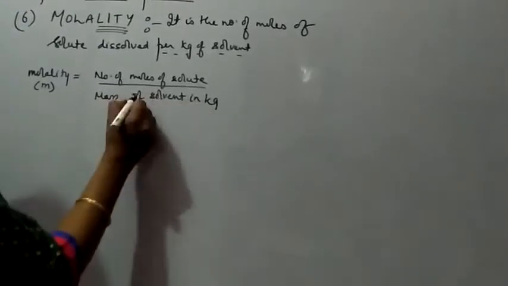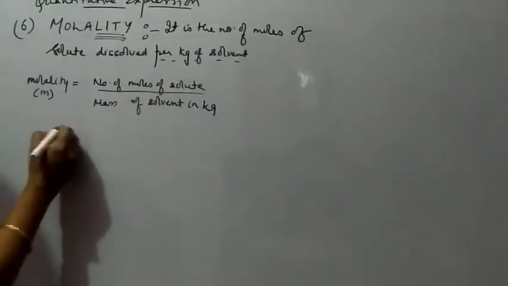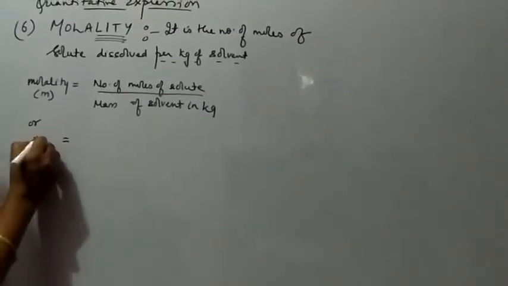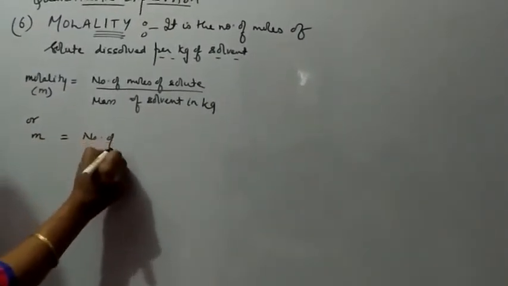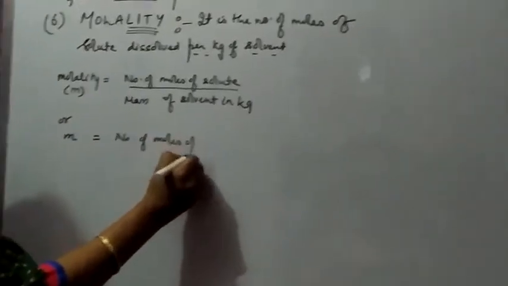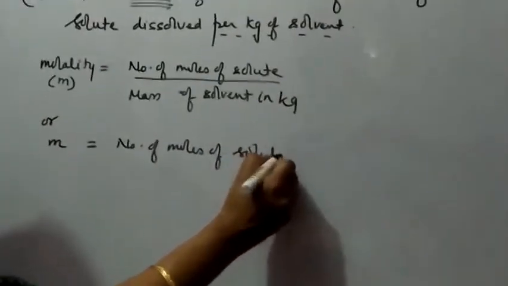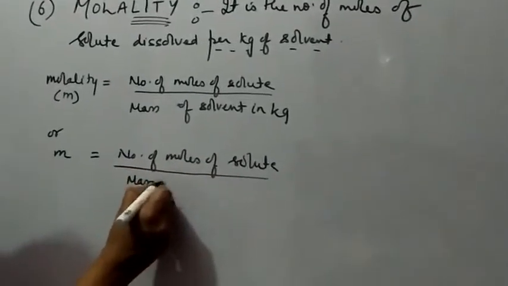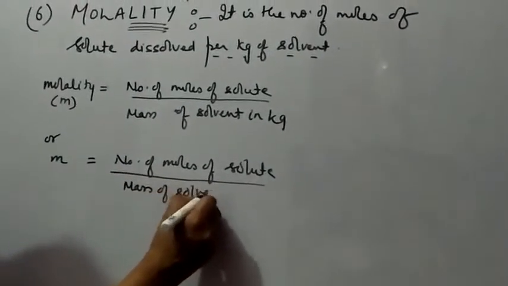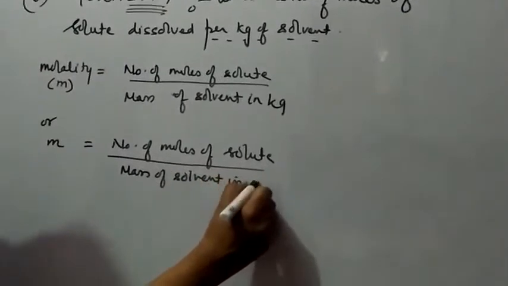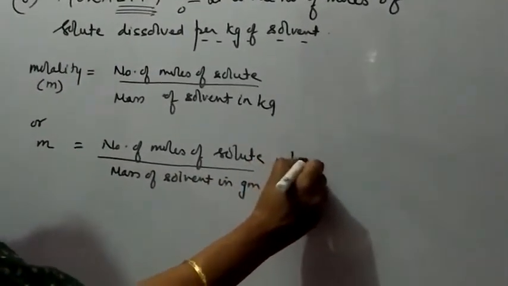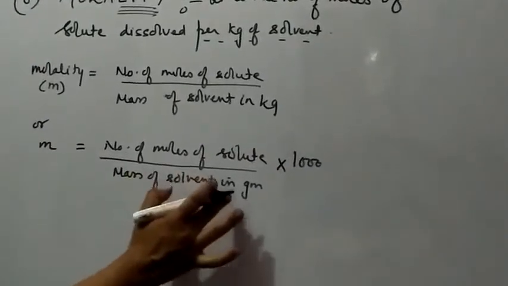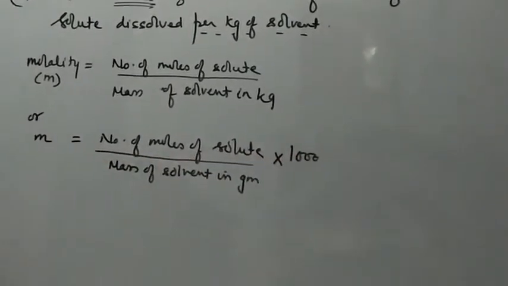If it is in kg, we will not multiply by 1000, but if it is number of moles of solute upon mass of solvent in grams, right? We will multiply it by 1000. So it is mass of solvent in grams, then we will multiply it with 1000.